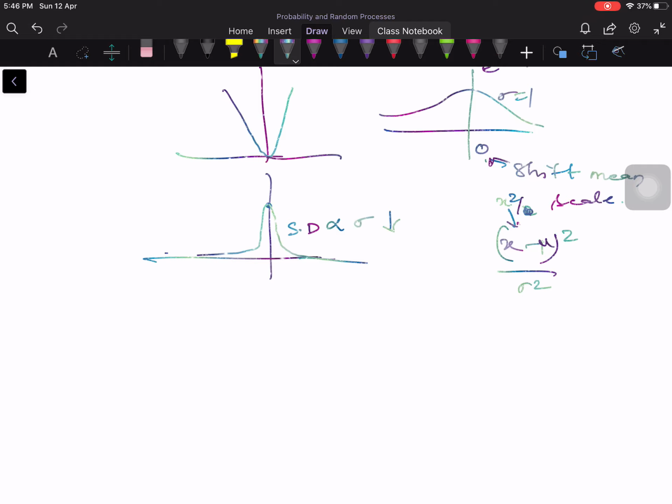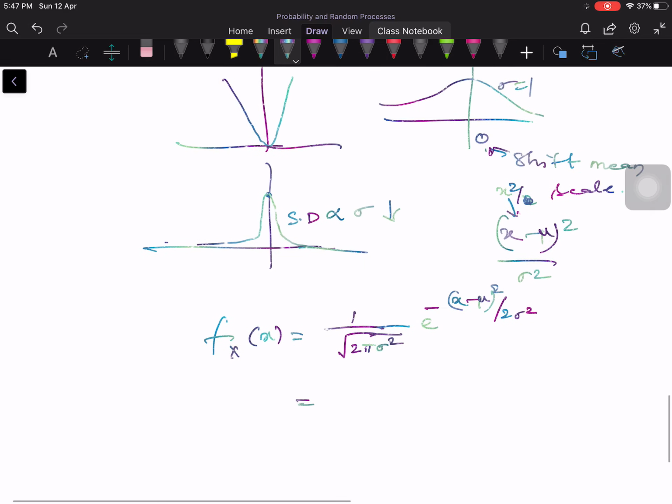Therefore, the general density function of your normal random variable is 1 over square root of 2 pi sigma square, e to the minus x minus mu the whole square over 2 sigma square.